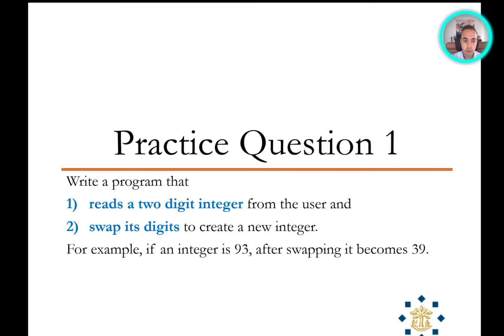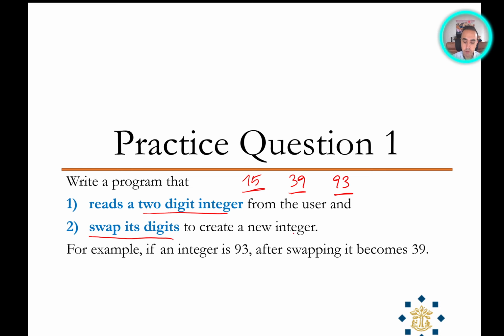Okay. So write a program that reads in a 2-digit integer. So what is a 2-digit integer? For instance, 15, or like 39, or like 93. Okay. So it has to be 2 digits, and it has to be an integer. And then you swap its digits to create a new integer.